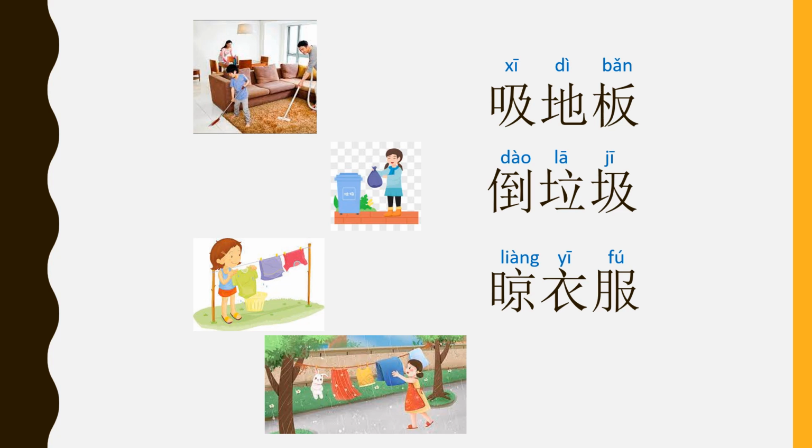This one means you try to dry the clothes. Let's look at the left part of the character 晾. What do you see here? Let me write it out. See this one? It is 日, right? 日 means sun. So you use the sun to dry your clothes, right? 晾衣服.